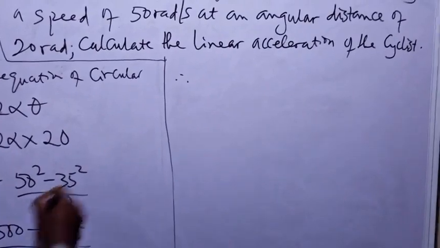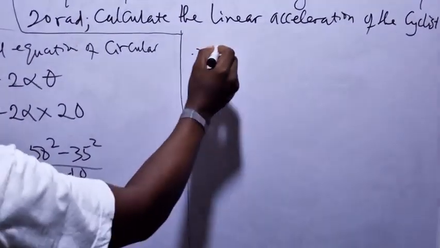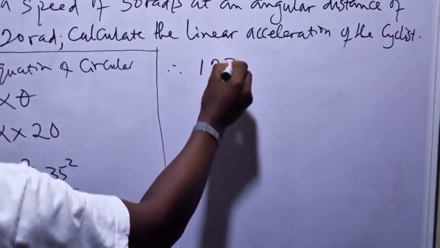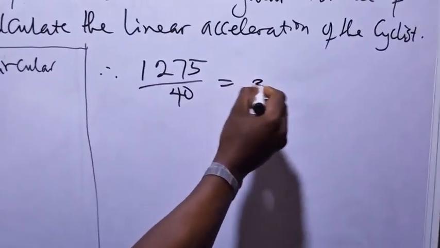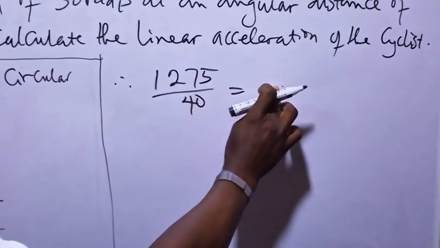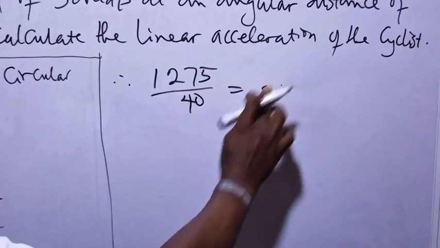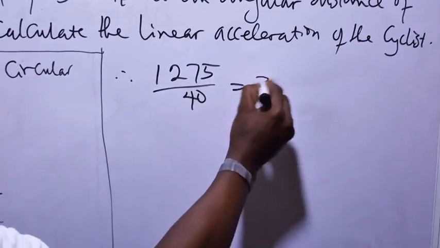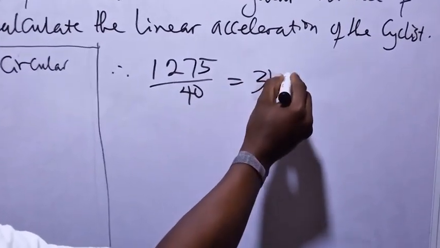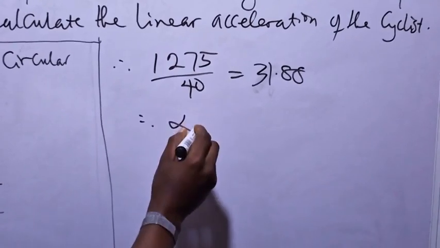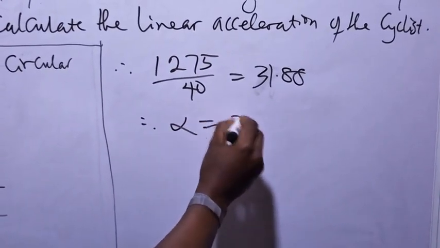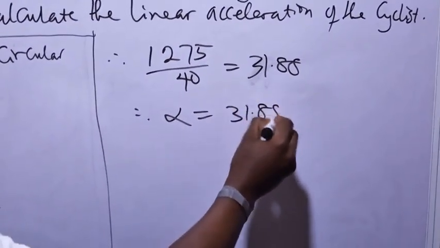If you subtract this from this, you have 1,275 divided by 40, which will be equal to 31.88. Therefore, this is equal to 31.88 radians per second squared.